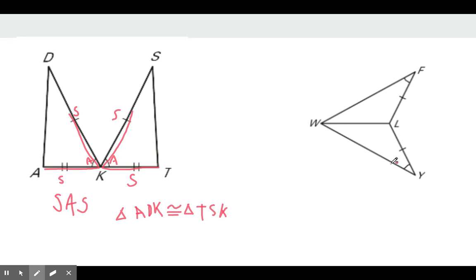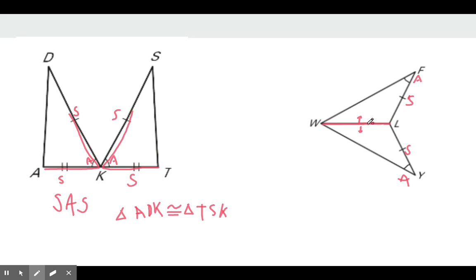Okay, now over here, right, we are given an angle. We are given a side, we're given an angle, we're given a side. Those are all the congruency marks that we have here, though, right? But what we can see is that this line segment, WL, is a part of this triangle and it's a part of this triangle.